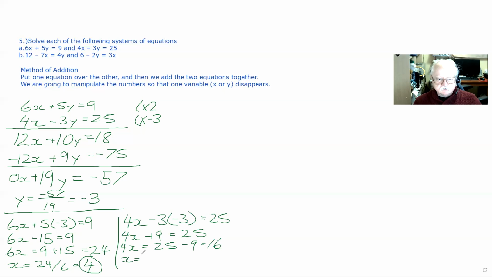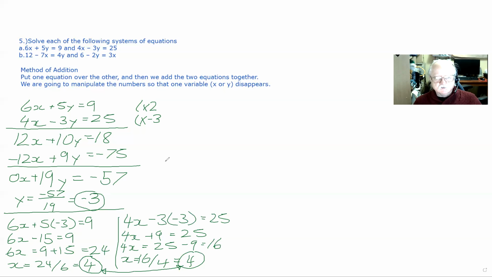So x equals 16 divided by 4, which equals 4. And so these two are now equal. So we're fairly sure we have the right answer.